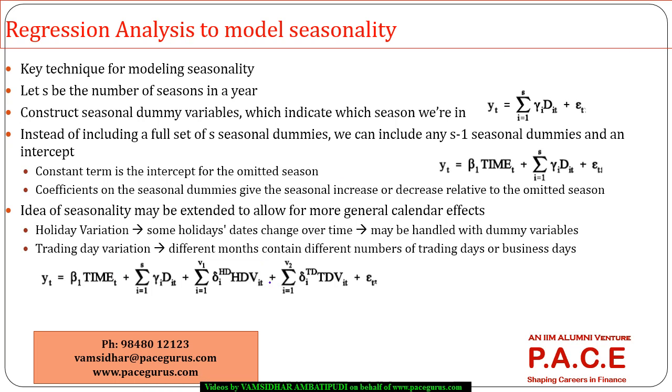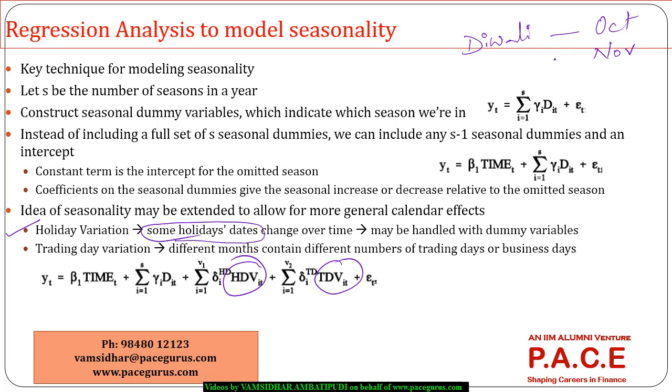But much more than that, we have 2 other definitions of seasonality. One is called the holiday variation. Especially when some holiday dates are changing over time, let's say the season of Diwali. In some years, Diwali comes in October, whereas in some years, Diwali comes in November.